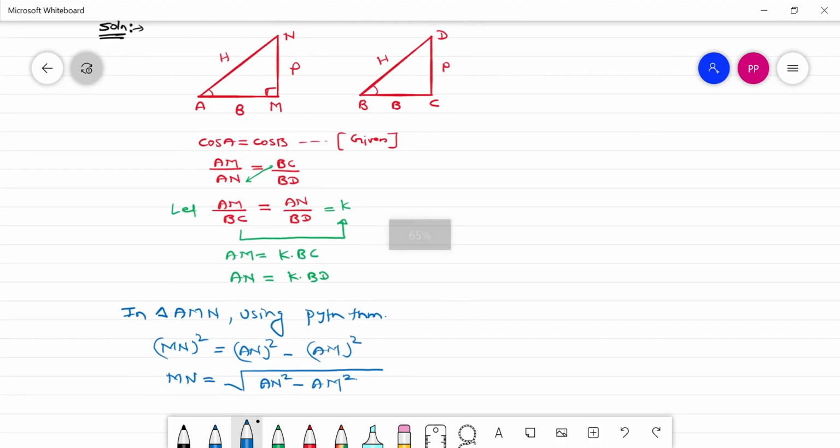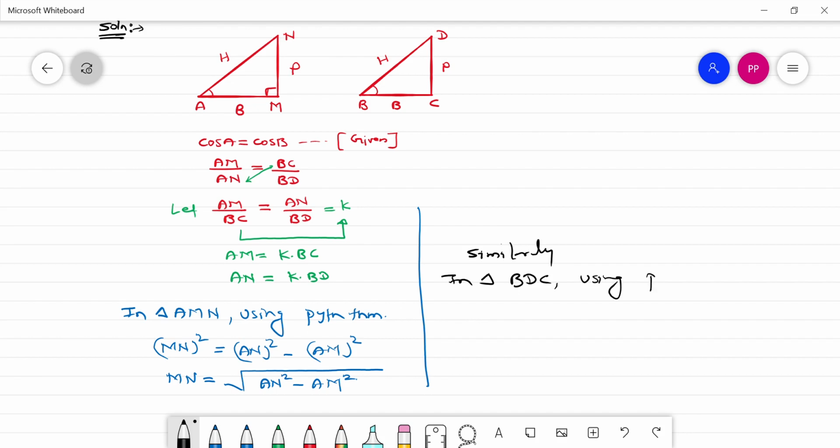So similarly, in triangle BDC, using Pythagoras theorem, we'll find out third side, which is nothing but DC.